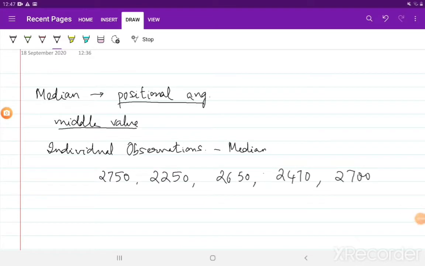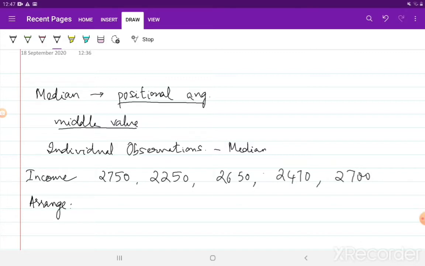Now, in the case of individual observations, let's have a look at how we will calculate the median. So here what you can see is the income of 5 people, which has been given to us. The first step when you have to find the median is to arrange it in ascending or descending order.